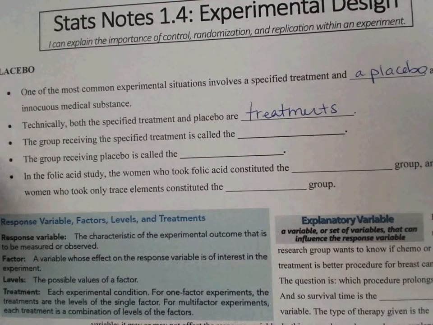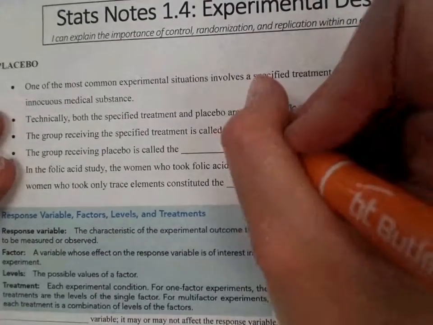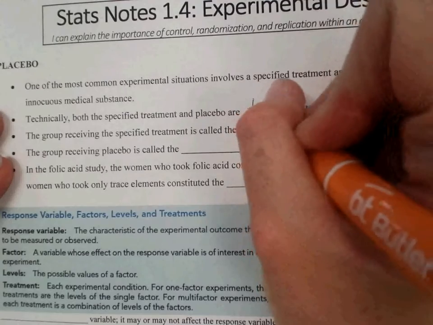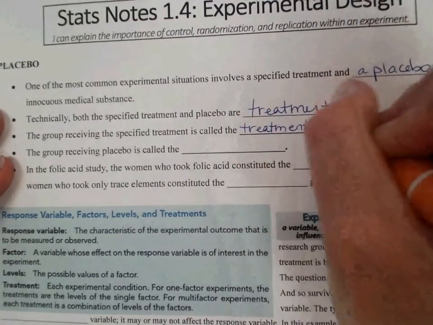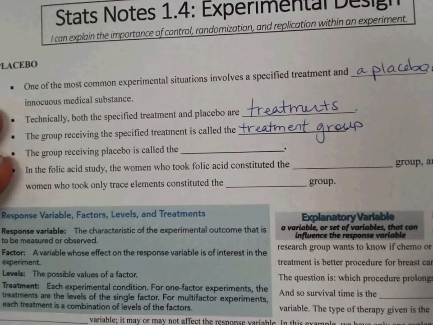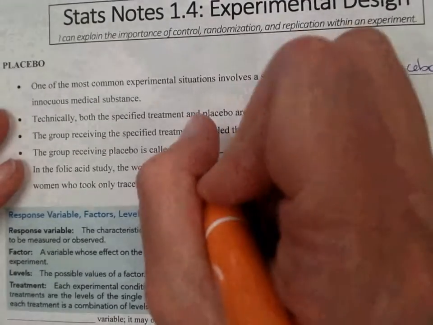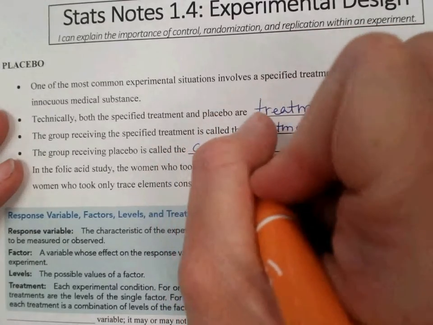The group receiving the treatment is called the, there you go. The what? Somebody guess? The treatment group. And the group receiving the placebo is called the control group.